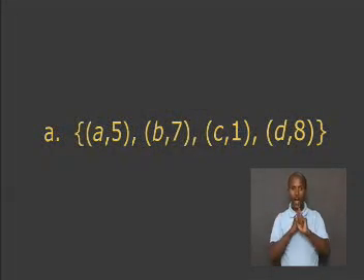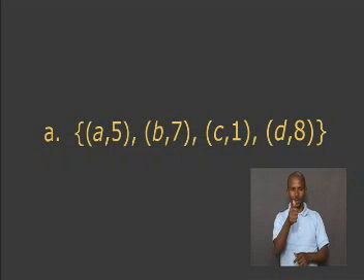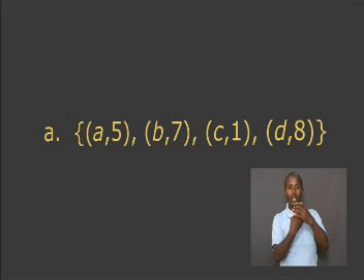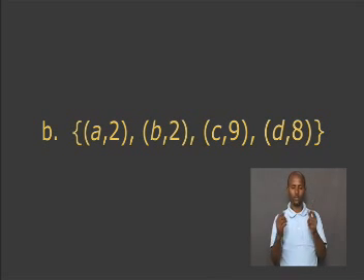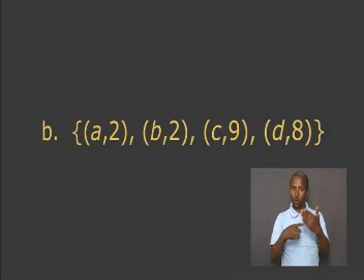The answer is A. It is a one-to-one function because each element of the range is paired with a unique element of the domain. Relation B pairs both A and B with the integer 2. So it is not a one-to-one function.